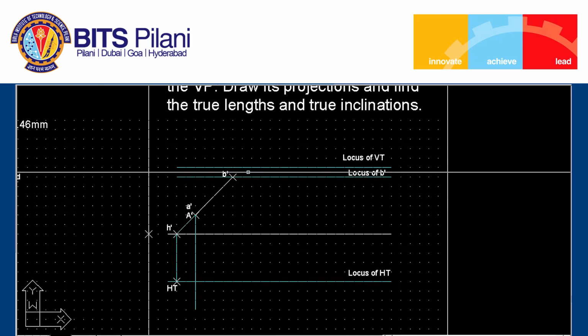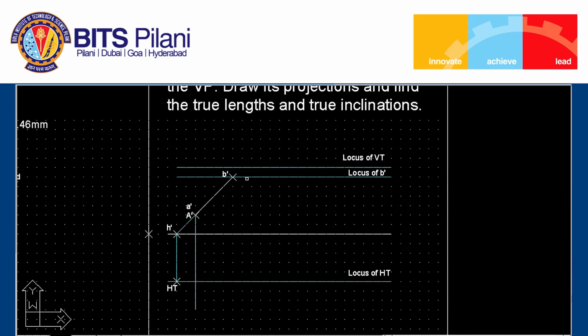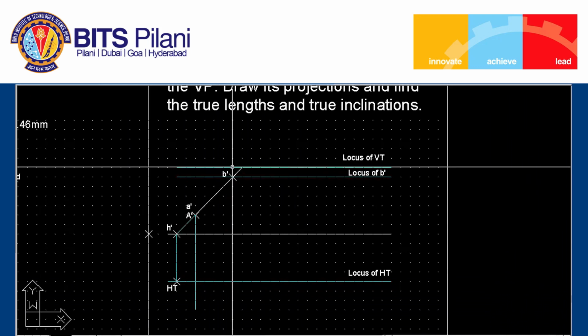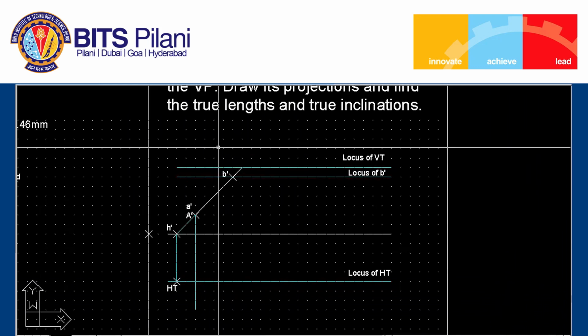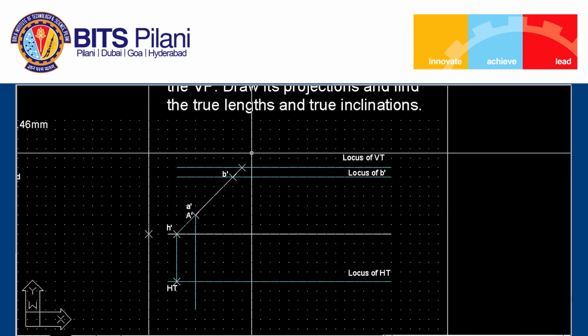So we need to extend this line till the locus of VT. This point is nothing but VT.